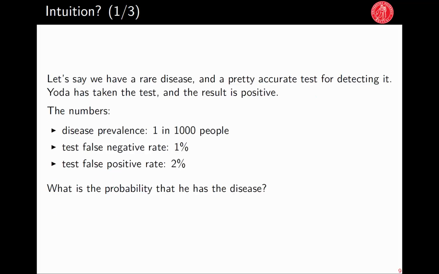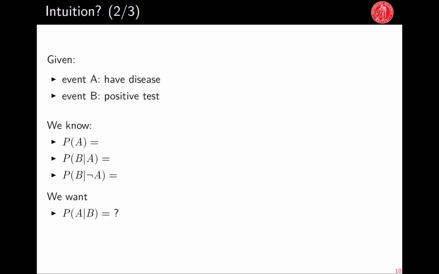So how can we compute that? Let's try to translate into probability expressions. We'll say event A is having the disease and event B is testing positively. And that means we know some things. We just translate the information I gave you on the preceding slide: the probability of the disease is 0.001. It's not very common, 1 in 1,000.